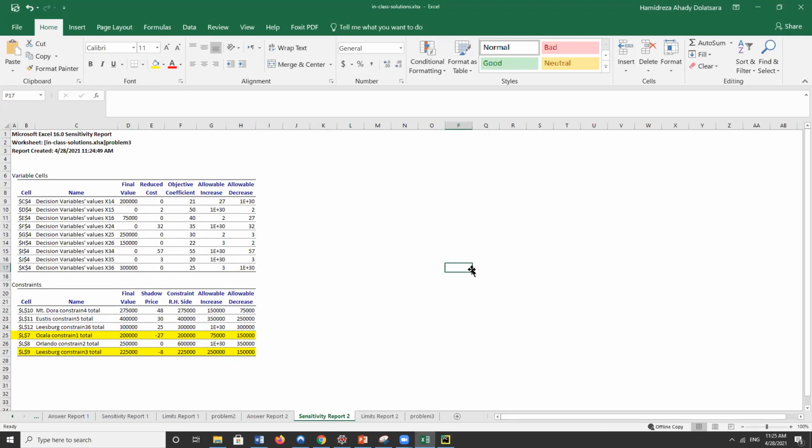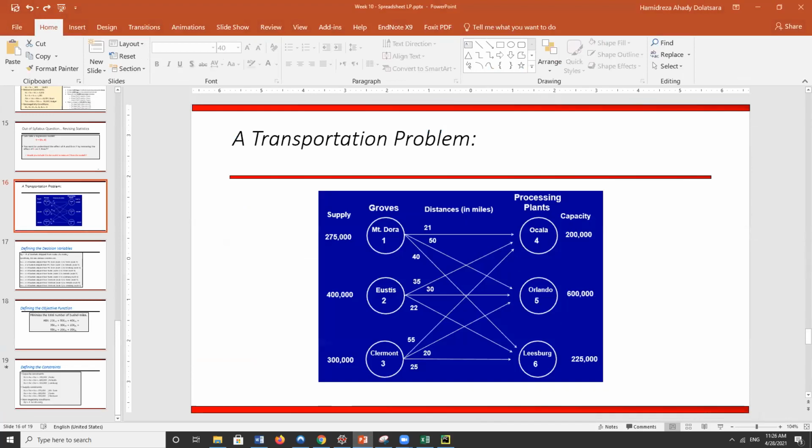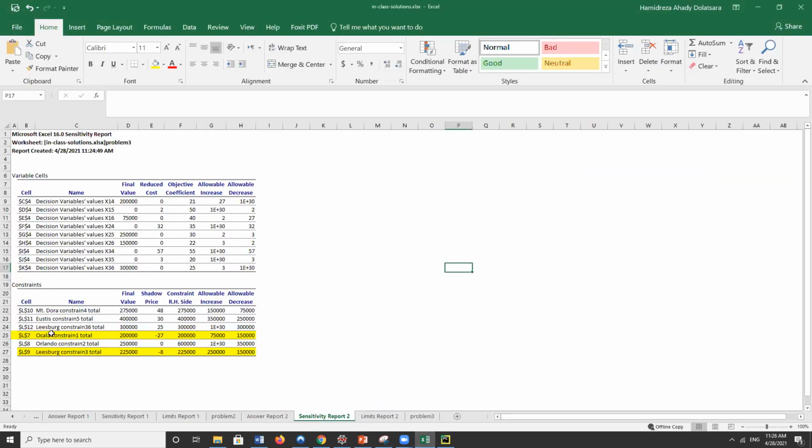So it means if you have more resources there and you have less constraint there, you are minimizing your cost even more. Looking at this problem, let me show that again. So it was Ocala and Leesburg.